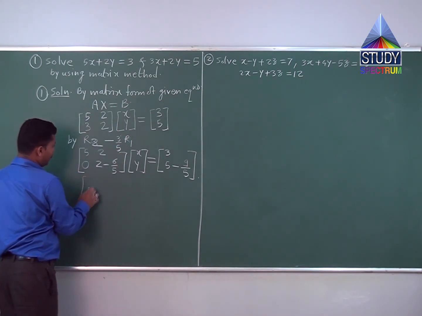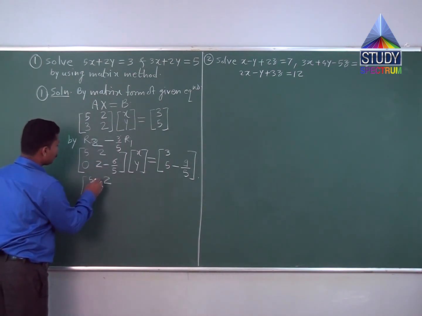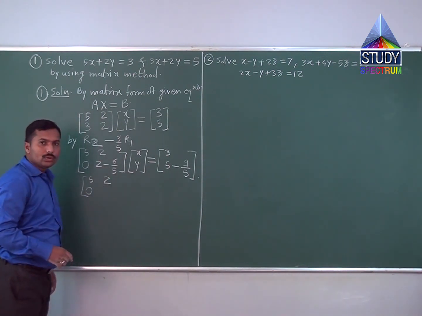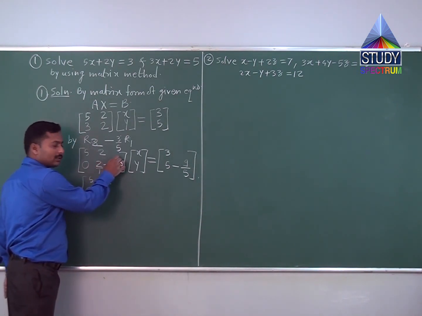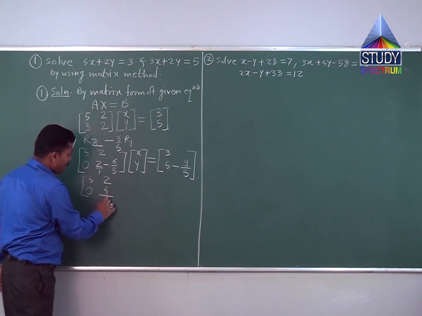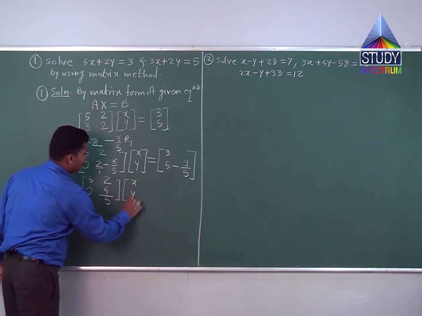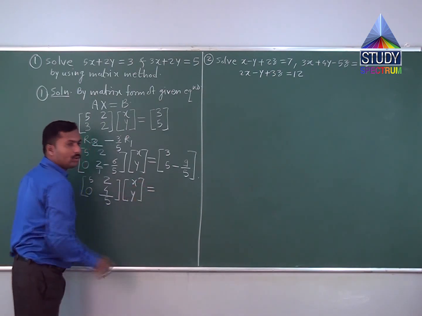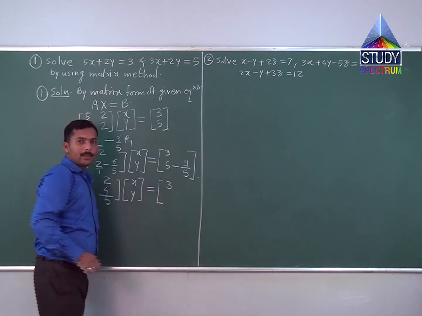Again we simplify this. 5, 2, 0. So here 5 into 2 is 10, 10 minus 6 is 4, upon 1 into 5, into this x y as it is, equal to this 3.